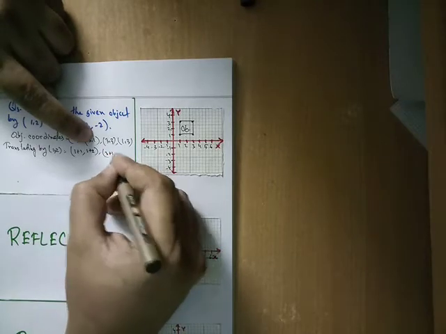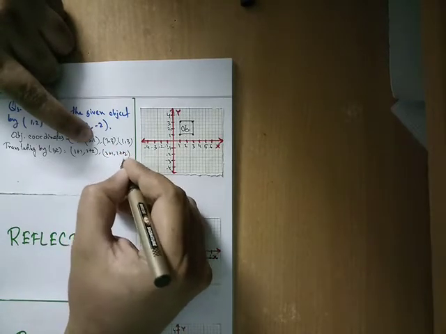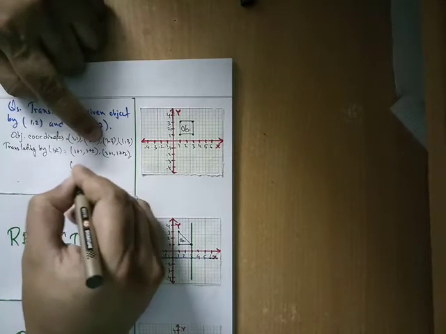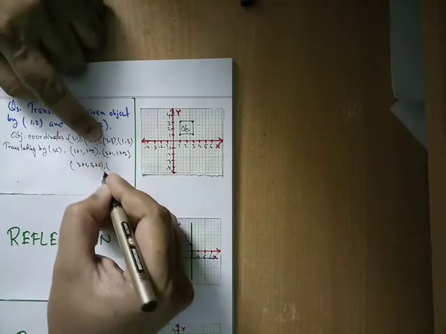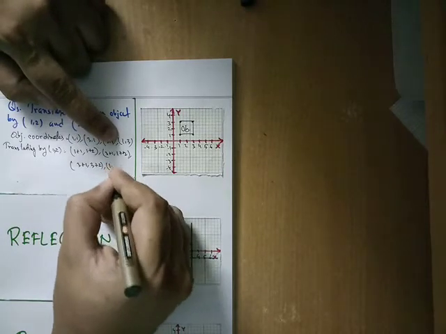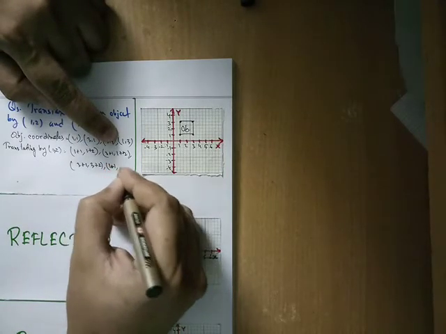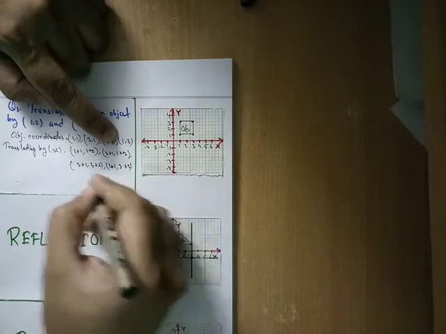Next, 3 plus 1, 1 plus 2. Third one, 3 plus 1, 3 plus 2. Fourth one, 1 plus 1, 3 plus 2.